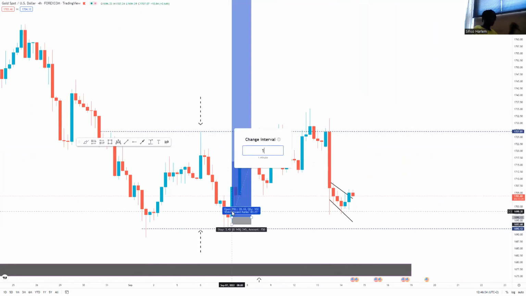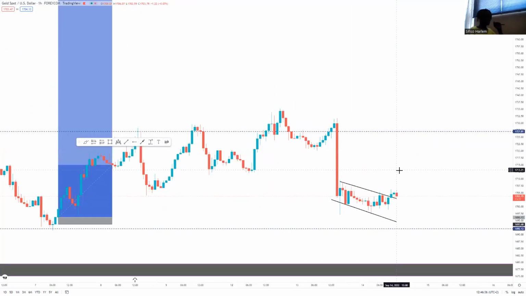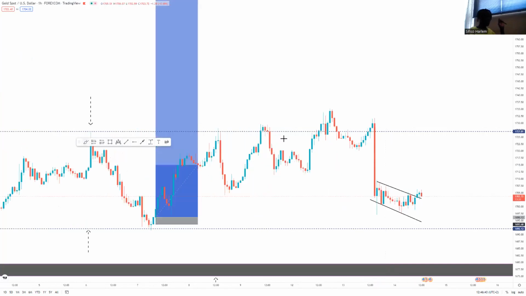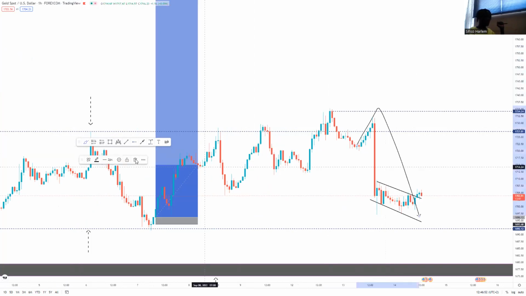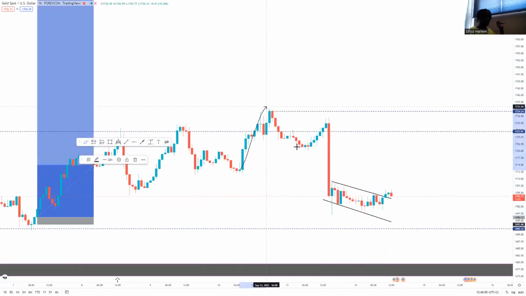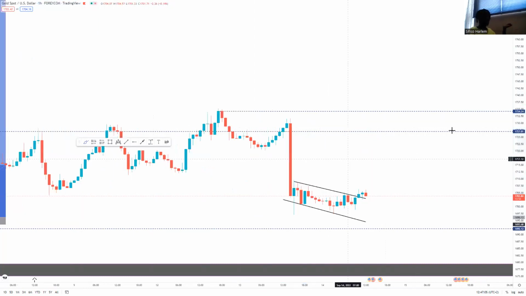So on gold, this was basically waiting for price to either break the intraday high for continuation, or reverse off of that level for continuation to the downside. But price printed a high, printed a higher low, printed a high again. This high wasn't higher than the previous high. That's one of the reasons why price chose to shoot to the downside. But either way, it is what it is.